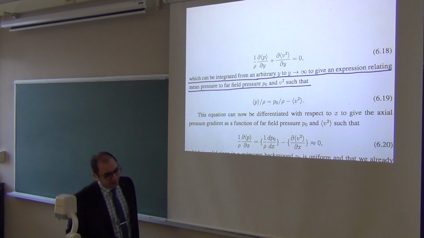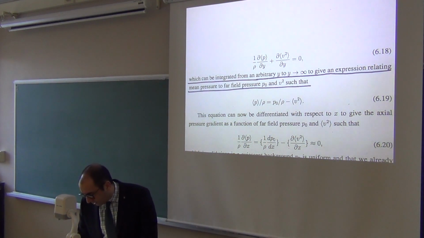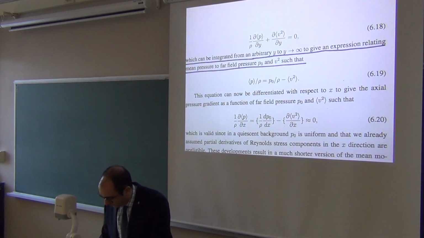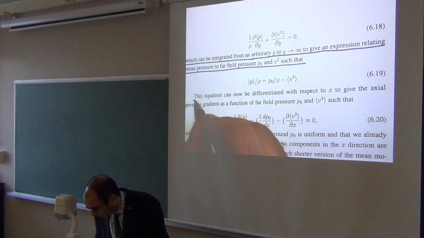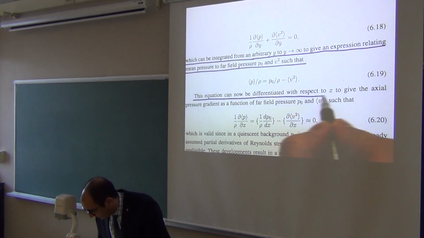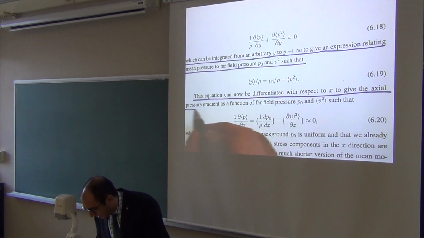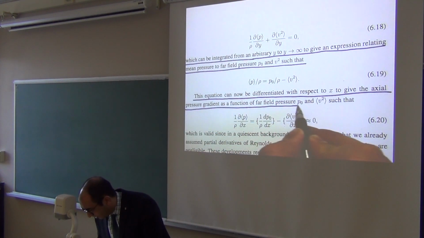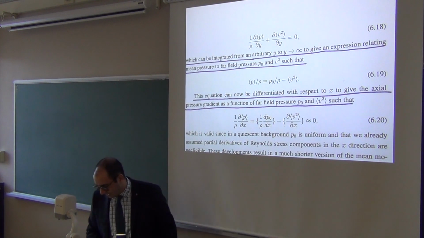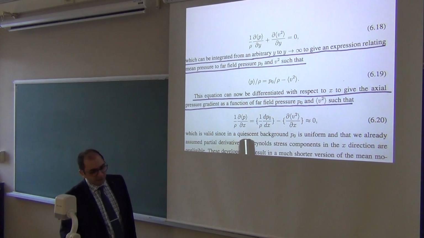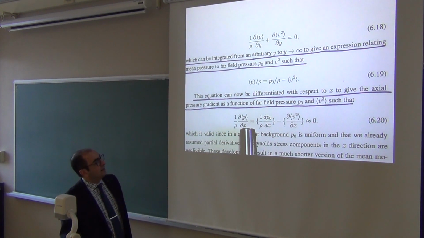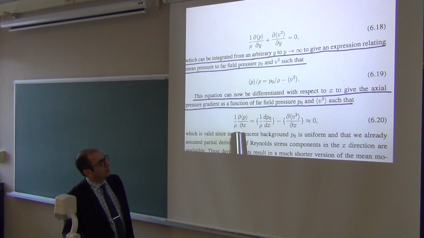Now we apply the same trick, and we differentiate this with respect to x. We did the same thing in wall flows. So we are able to give the axial pressure gradient as a function of the far field pressure. It's very interesting if you take the derivative now. P naught was a constant.